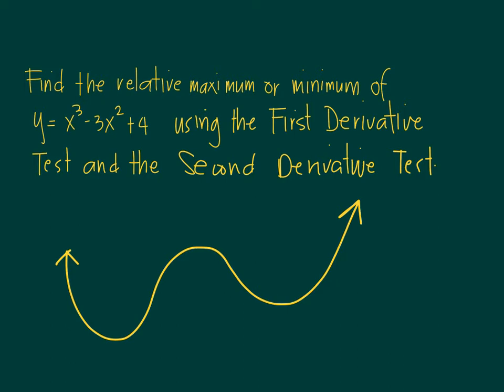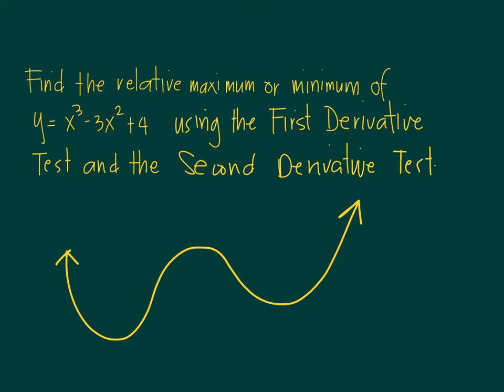To the left, it goes to positive infinity. To the right, it goes to positive infinity. So there is no absolute maximum in the graph. When you say absolute maximum, it's the highest value in the graph. If it goes to infinity on both sides, then we cannot identify a specific number, because it's infinity.